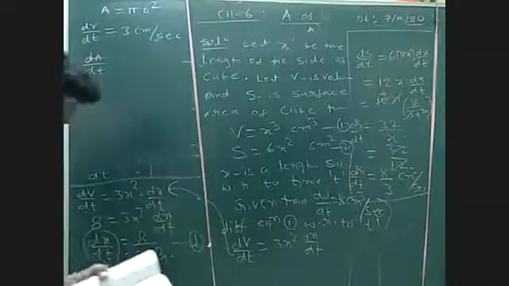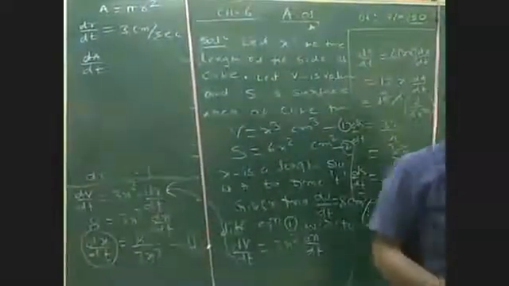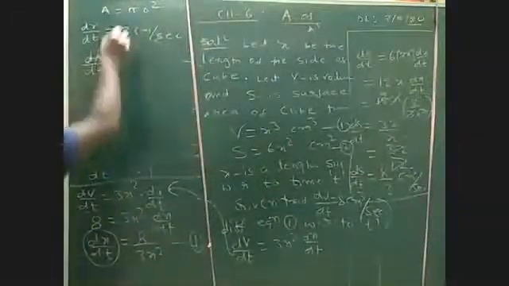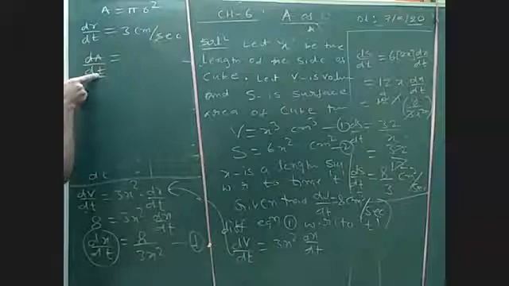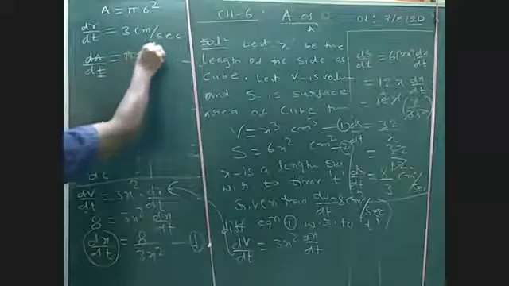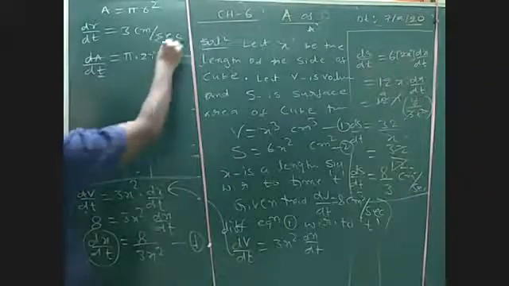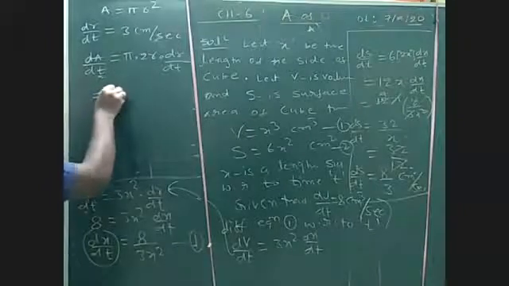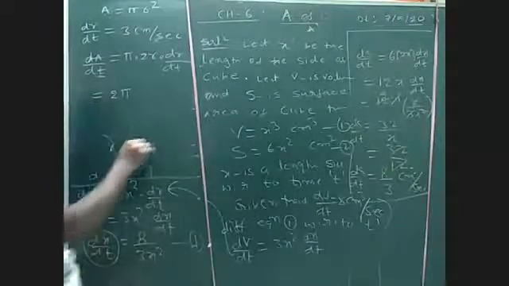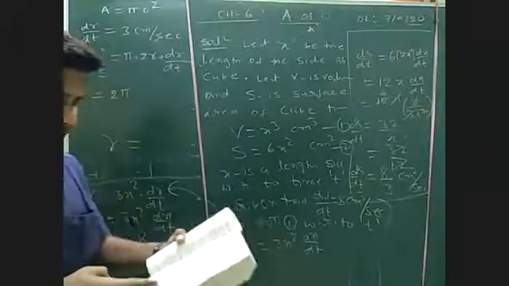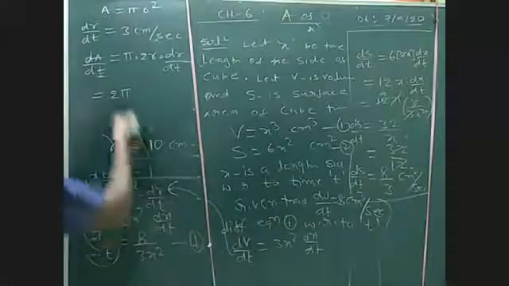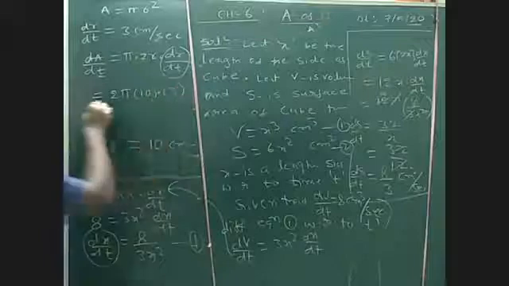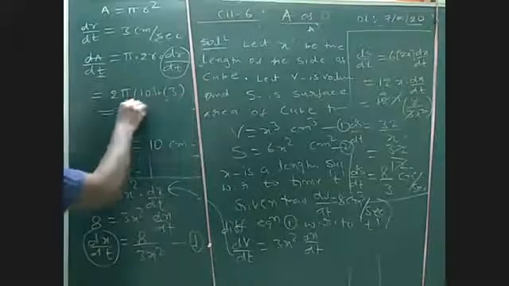That's it. dA by dt means differentiate with respect to t. So pi r square is 2r, with respect to t, dr by dt. Pi into 2 pi r. What is the radius given? In the third question, clearly given, when the radius is 10 centimeters. dr by dt is clearly given as 3. So the answer is 60 pi.